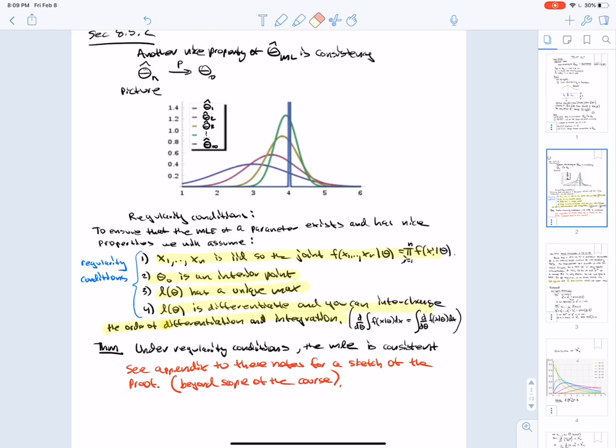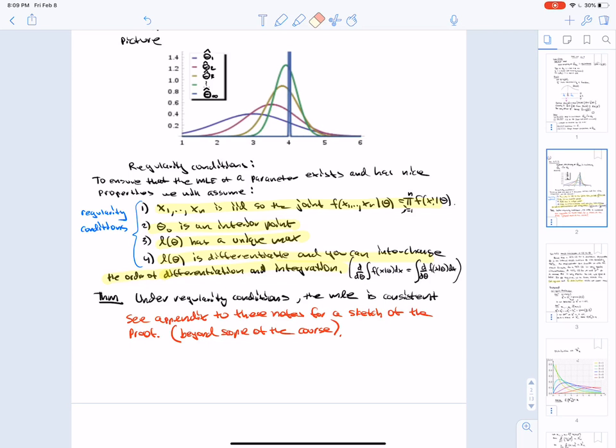Now, the topic of consistency of the MLE can be a little bit technical, because usually you have regularity conditions to assure that an MLE exists and that it is consistent.